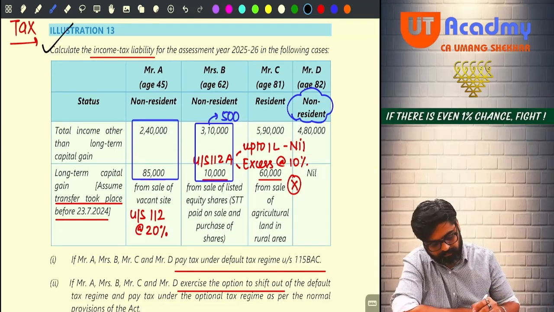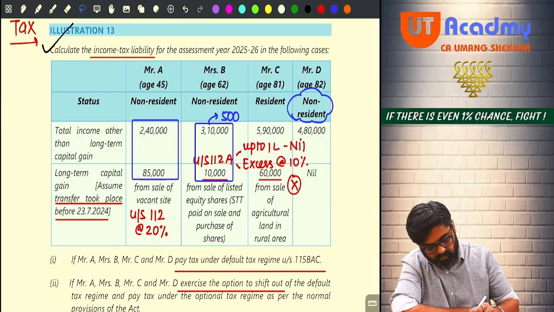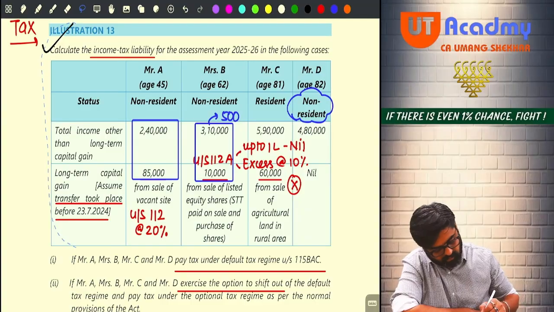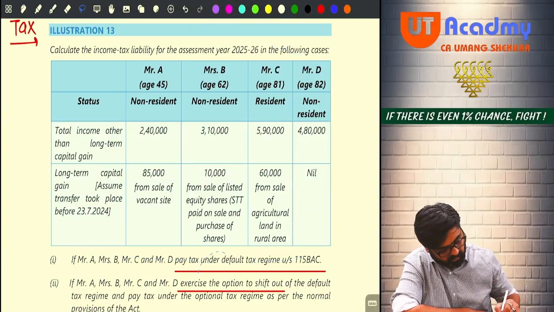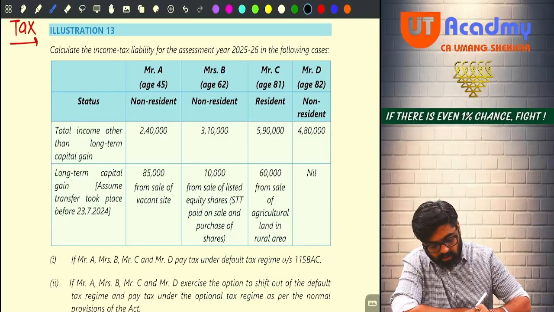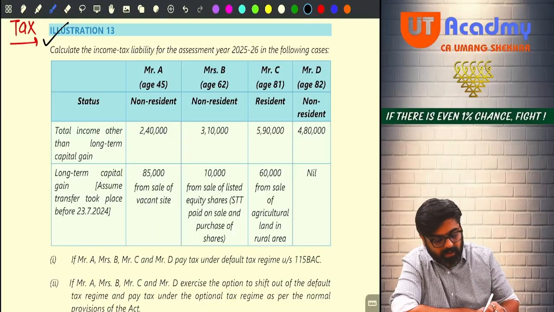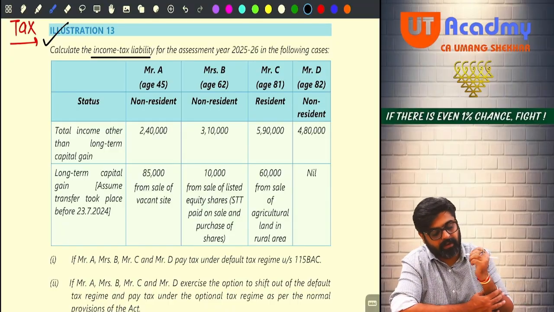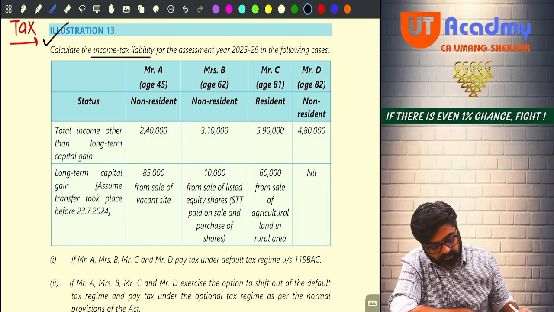See. Illustration number 13. Calculate the income tax liability for the assessment year 25-26 in the following cases.